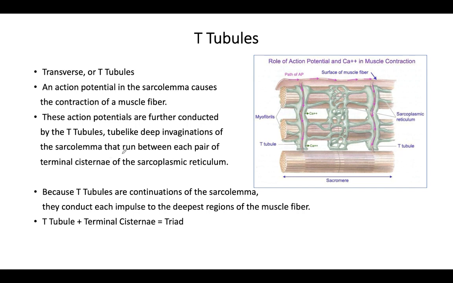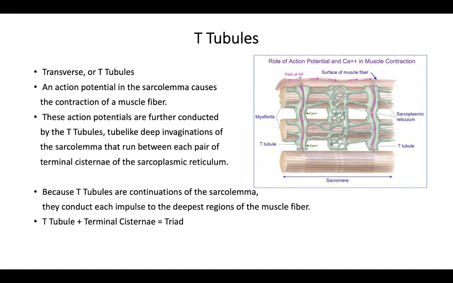Therefore, the T-tubule runs between each pair of terminal cisternae of the sarcoplasmic reticulum. Because T-tubules are a continuation of the sarcolemma, they conduct each nerve impulse to the deepest region of the muscle fiber.